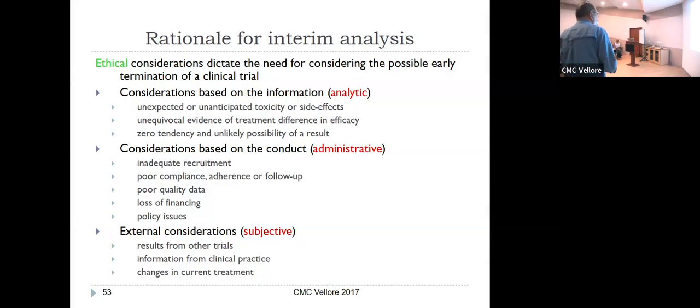But there was another trial where the opposite argument was given. This was the Studies of Left Ventricular Dysfunction. Enalapril was given to people that had low ejection fractions. This was going on in the US and Canada, while in Europe they were using captopril. And the captopril study results came out during the enalapril study being conducted.